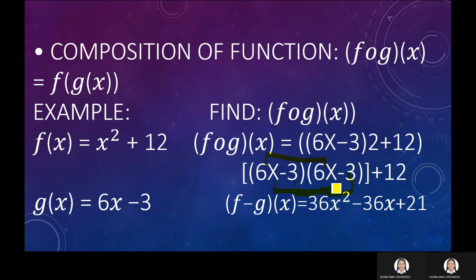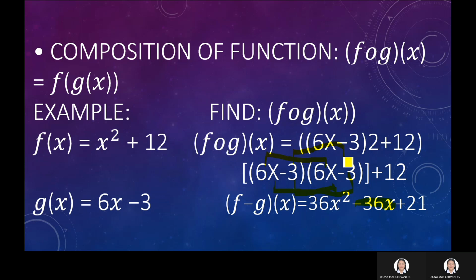So negative 18x and negative 18x is equal to negative 36x. Okay? Then plus, sorry, I forgot. Negative 3 times negative 3 is equal to positive 9.